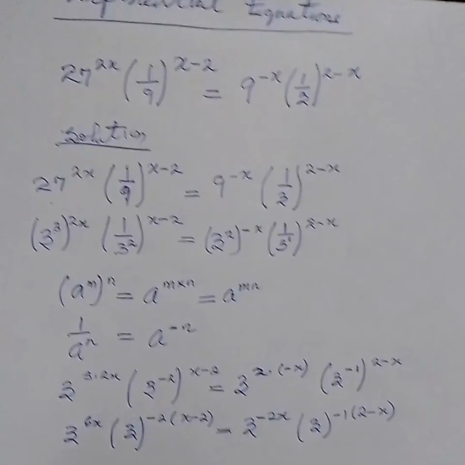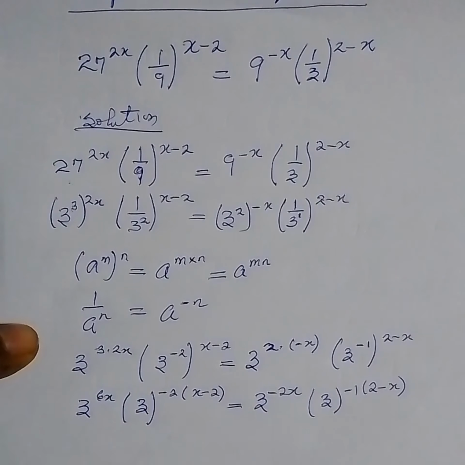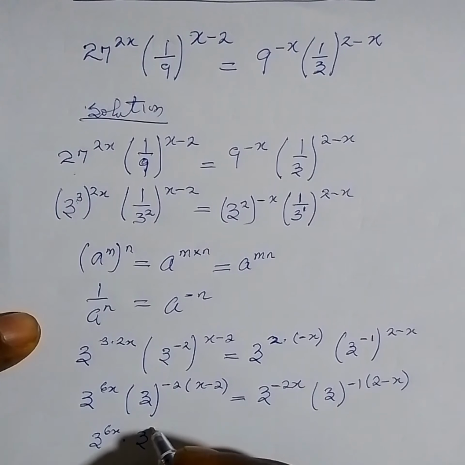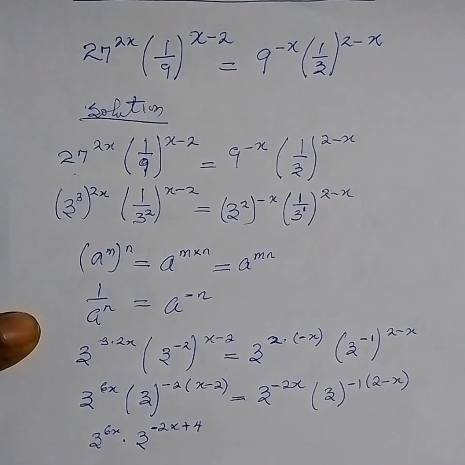So we have 3 to the power of 6x, then 3 to the power of minus 2x plus 4, because minus 2 multiplied by x gives minus 2x, and minus 2 multiplied by minus 2 gives plus 4.